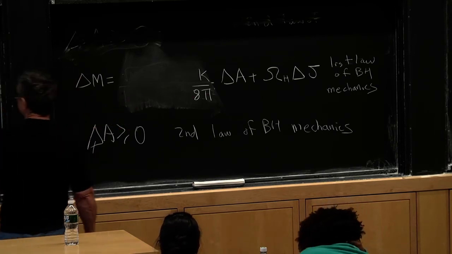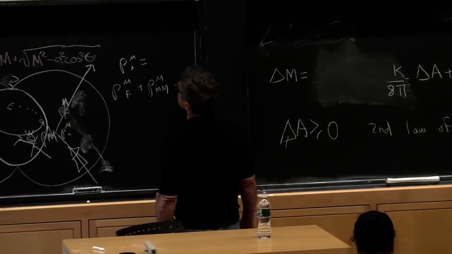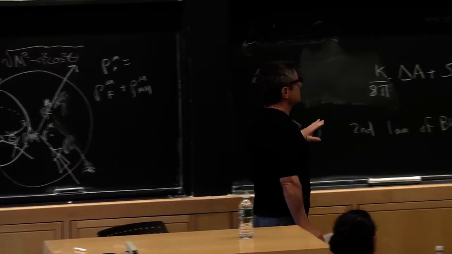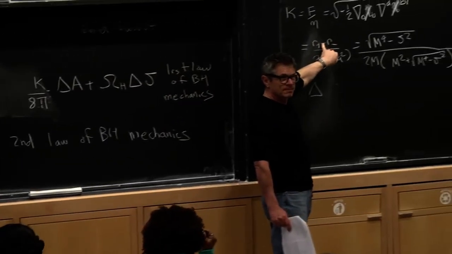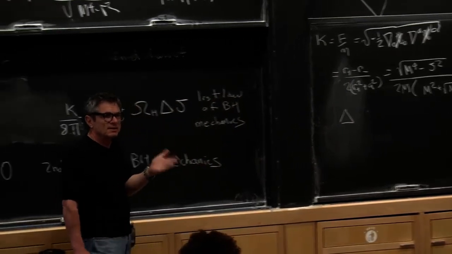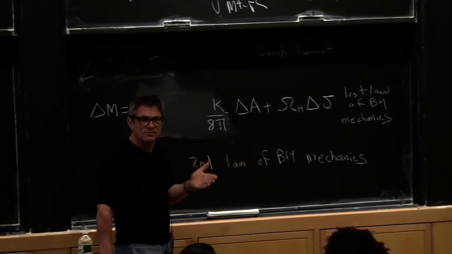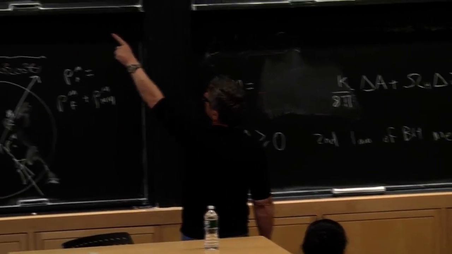And moreover, the surface gravity for Kerr-Newman is still of this form, but now with r plus and r minus given by the inner and outer horizons for Kerr-Newman, which are just the roots of that delta.